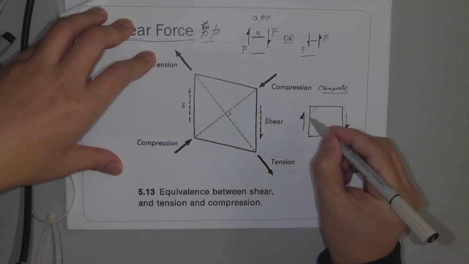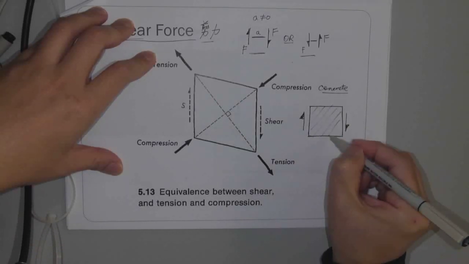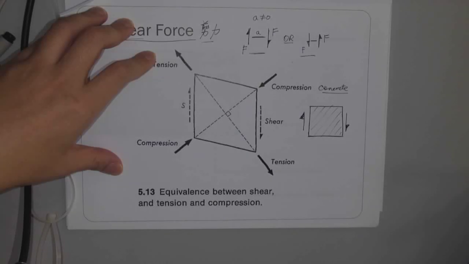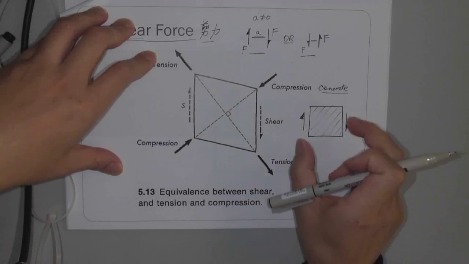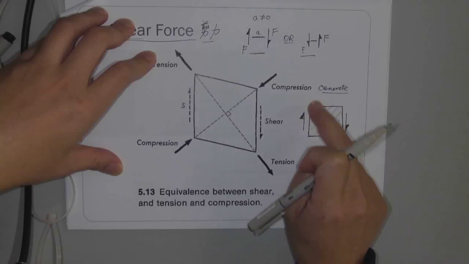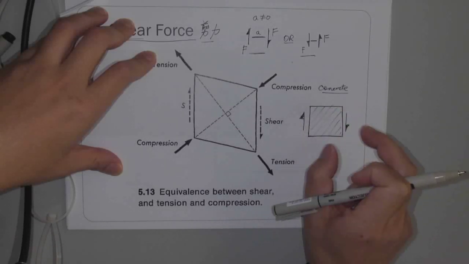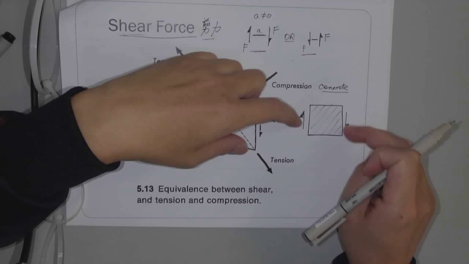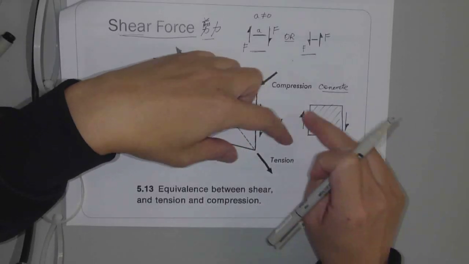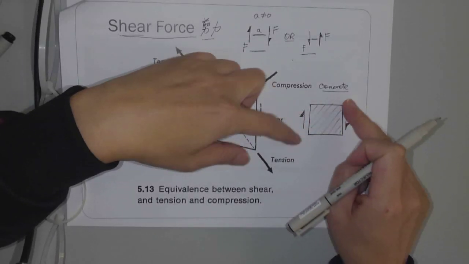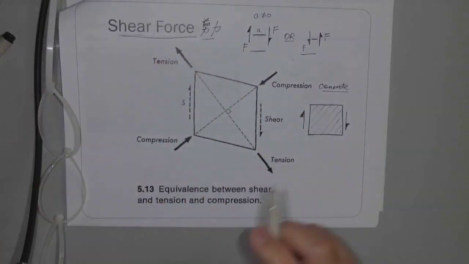Right, so this is concrete. So the next step is, if you have a square piece of concrete under a pair of shear force, what happened to the shape when you apply a pair of shear force like this?